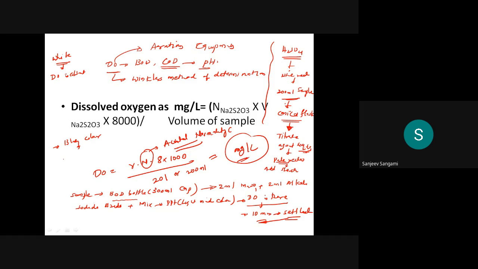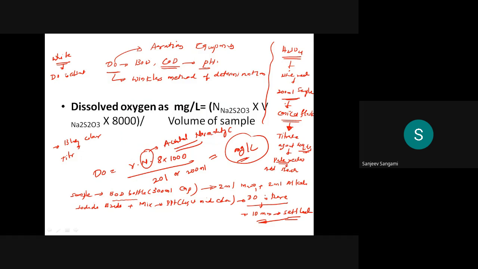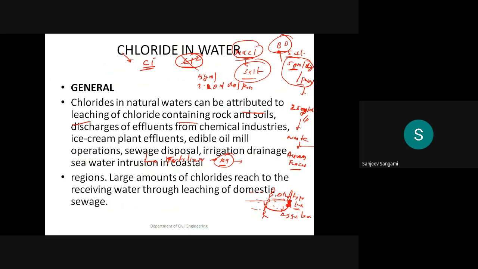Then again titrate it with sodium thiosulfate till you get colorless. That is the end point.